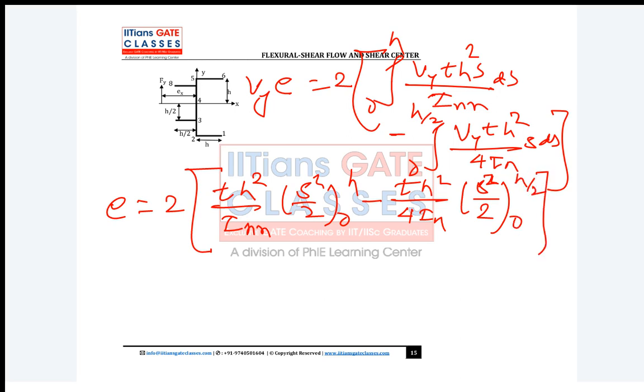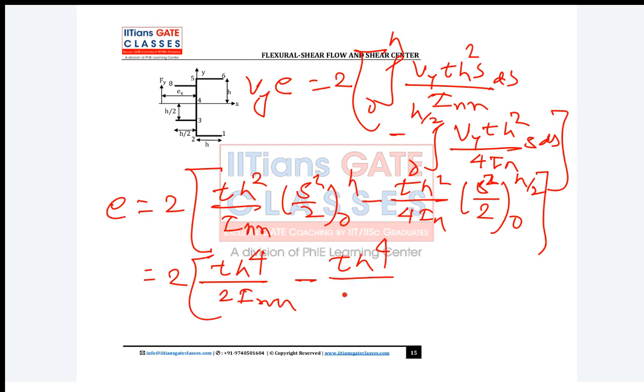So what we get? 2, then t h square by, if you integrate, what you get? t h by 4 upon 2 Ixx, then minus, what we get? t h power 4 upon 4, 8, 32 Ixx.